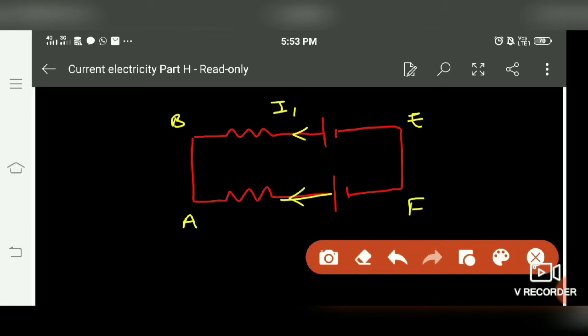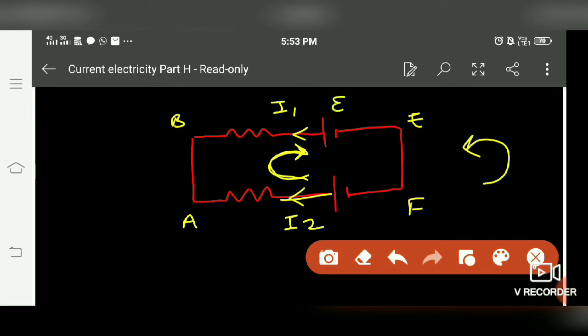From here the current is I2. So we have two choices to traverse this loop, either in the clockwise direction like this or in the anti-clockwise direction. So let's take the clockwise direction like this.